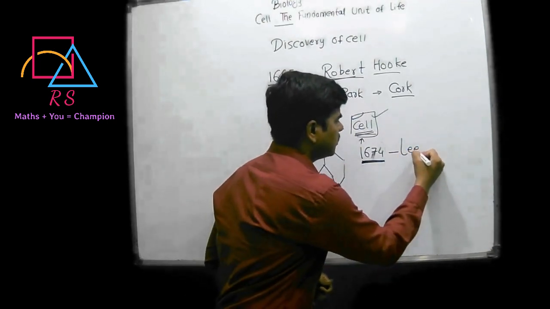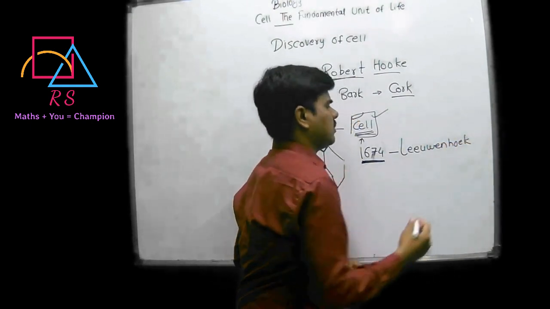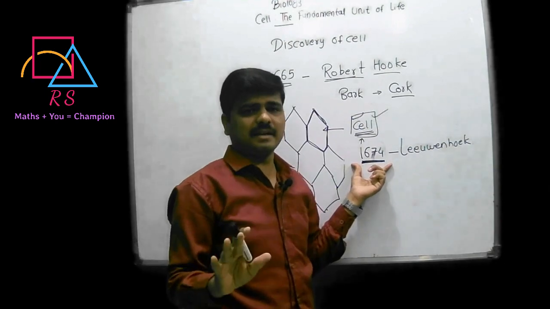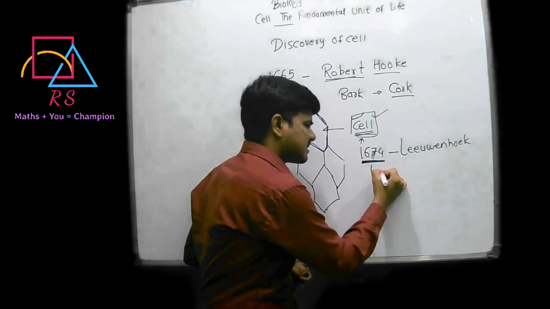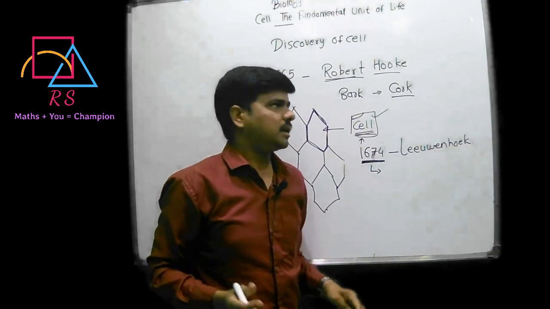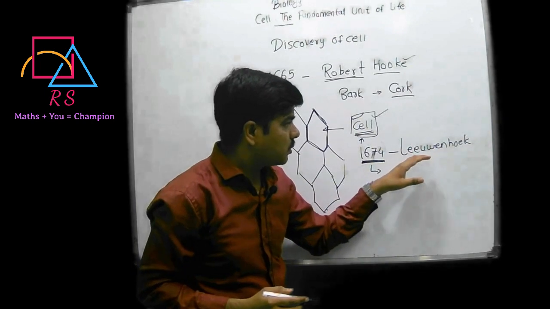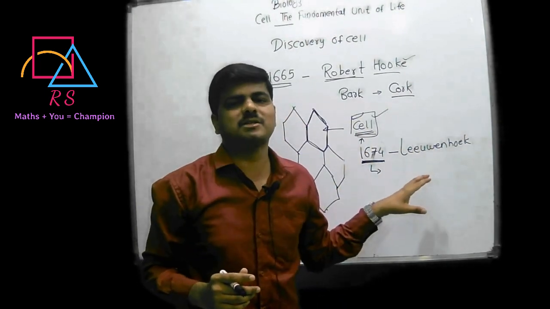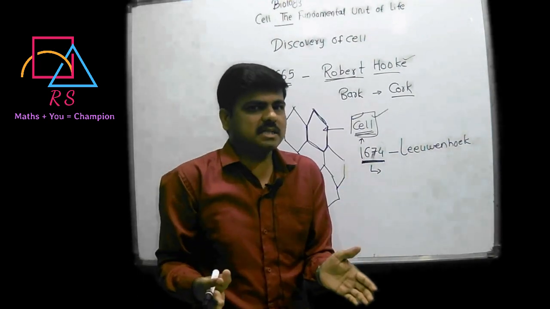So Leeuwenhoek became the first scientist to observe living cells. If somebody asks you who discovered the cell, it is Robert Hooke. But if somebody asks you who observed the first living cells, your answer must be Antoine Leeuwenhoek. So I hope it is clear to you.